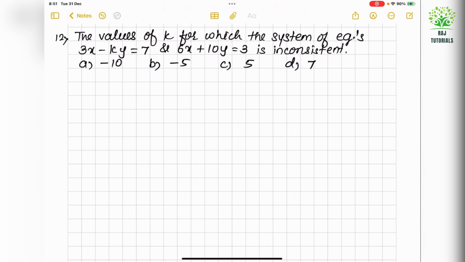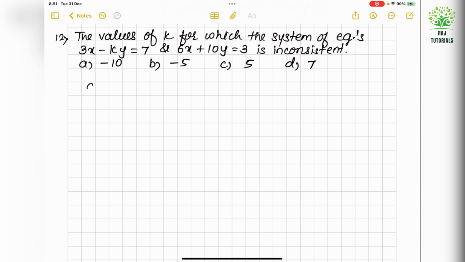Next question is: the values of k for which the system of equations 3x minus ky equal to 7 and 6x plus 10y equal to 3 is inconsistent. A minus 10, B minus 5, C 5 and D 7.